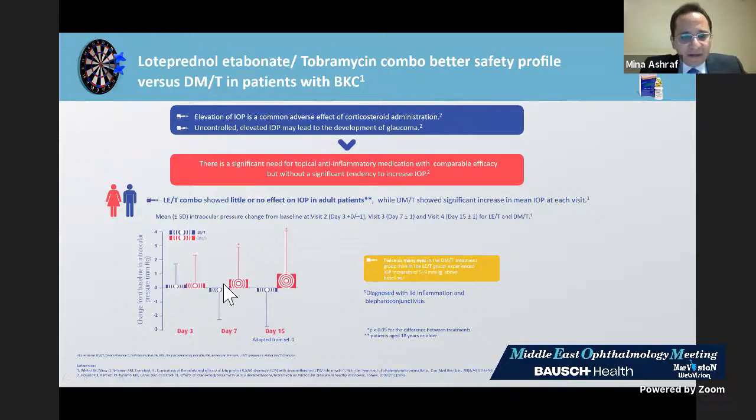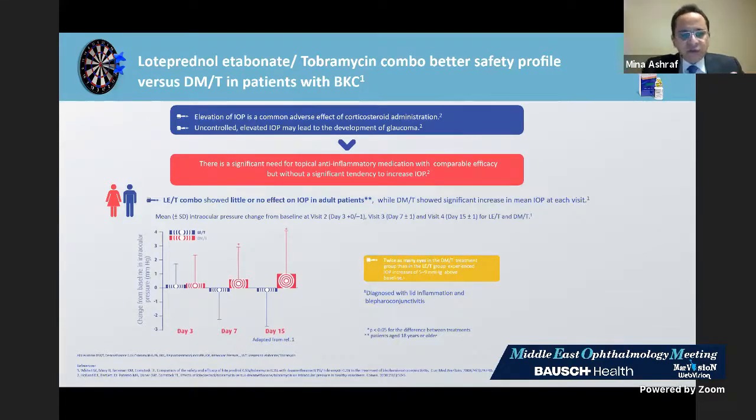And we can see here that with every visit, day 3, 7, and 15, there was an increase in the change from baseline in intraocular pressure with the dexamethasone tobramycin group compared to no changes in the Xylet group. And we see also that twice as many eyes in the dexamethasone tobramycin treatment group than in the Xylet group experienced an IOP increase of 5 to 9 millimeters of mercury over baseline.